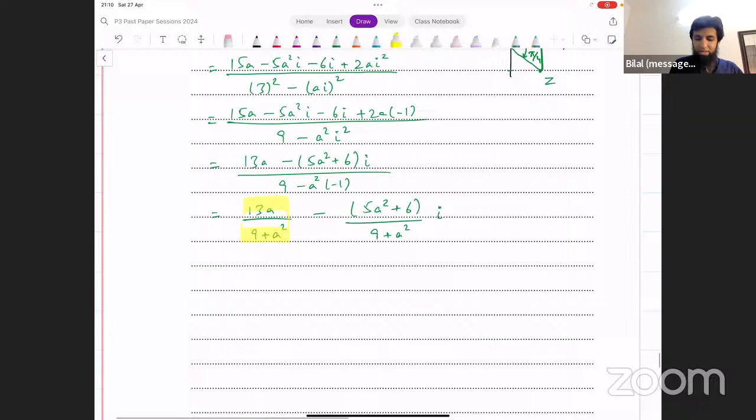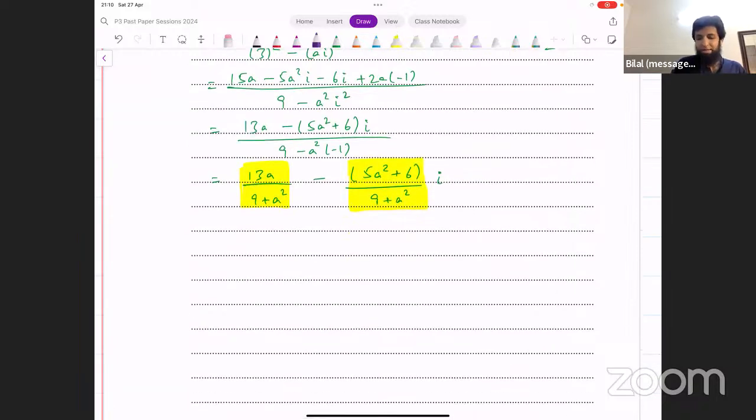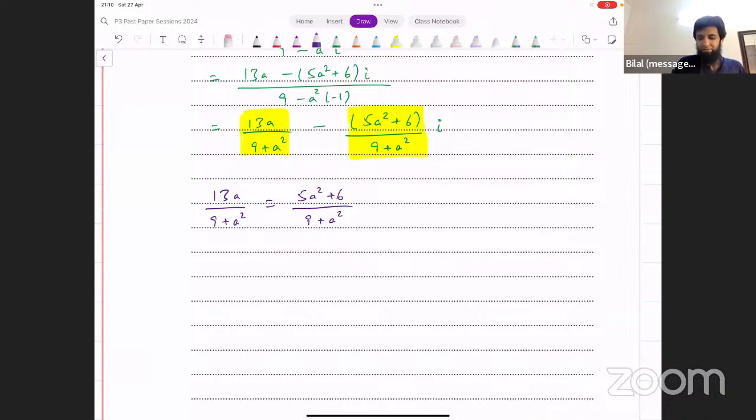So these two things are going to be equal to each other. What does that give us? That gives us 13a over 9 plus a squared equal to 5a squared plus 6 divided by 9 plus a squared. The denominators get cancelled and we're left with 13a equals 5a squared plus 6.